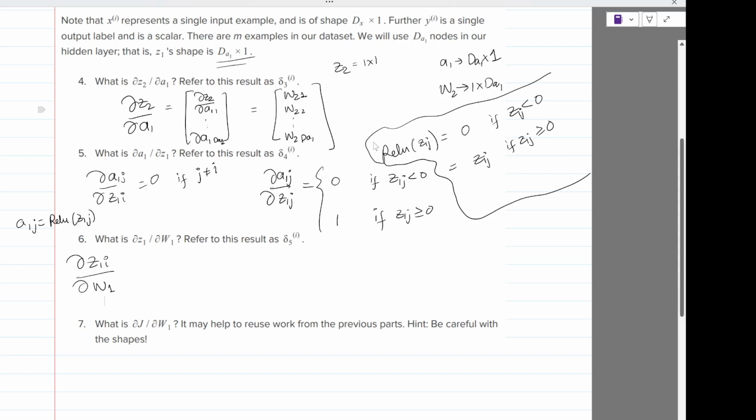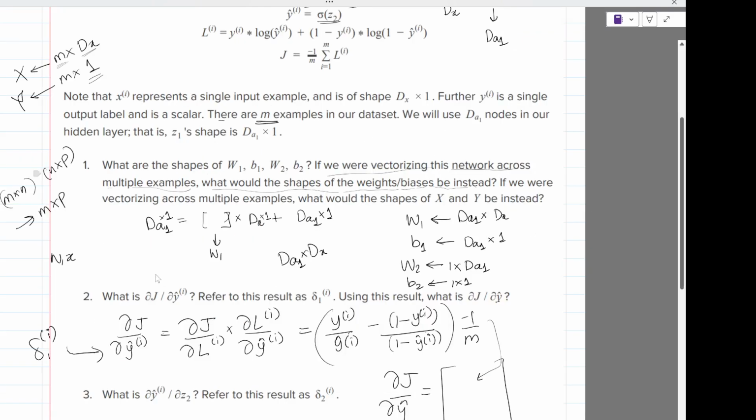Now w1, if you recall, it was actually a 2D matrix.